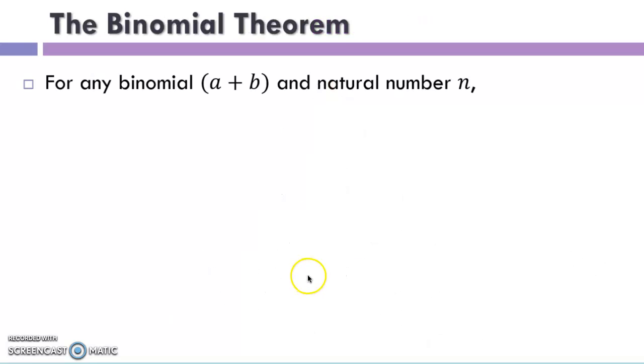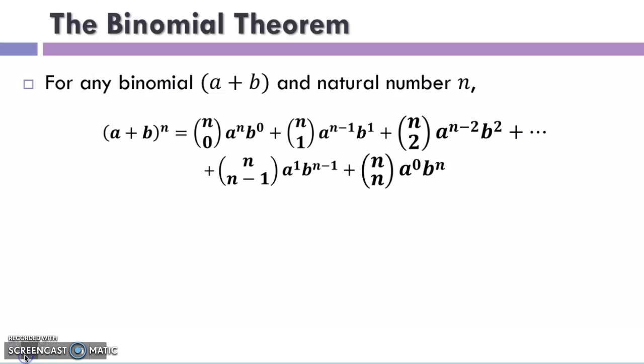For any binomial a plus b and the natural number n, we're going to raise that a plus b to the n power. It's equal to these binomial coefficients times our exponents, which we talked about in a previous video.